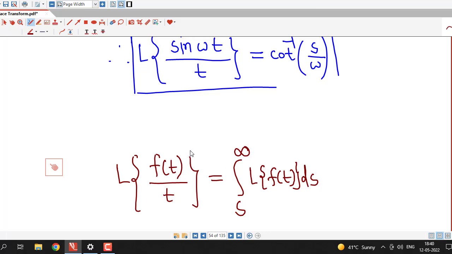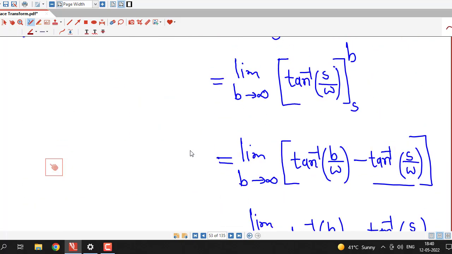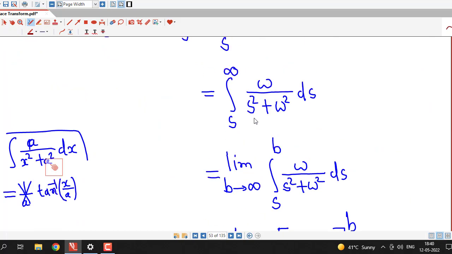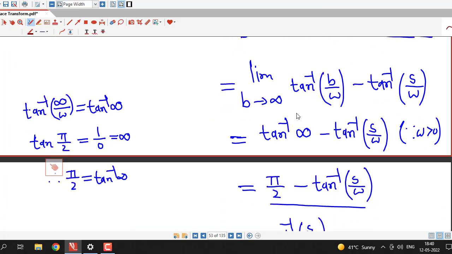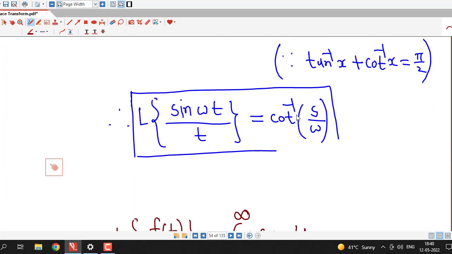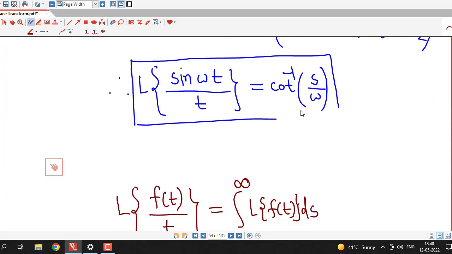Here f of t is sin omega t, so we have integrated the Laplace transform of sin omega t with respect to s, and we have obtained that the Laplace transform of sin omega t by t is cot inverse s by omega.